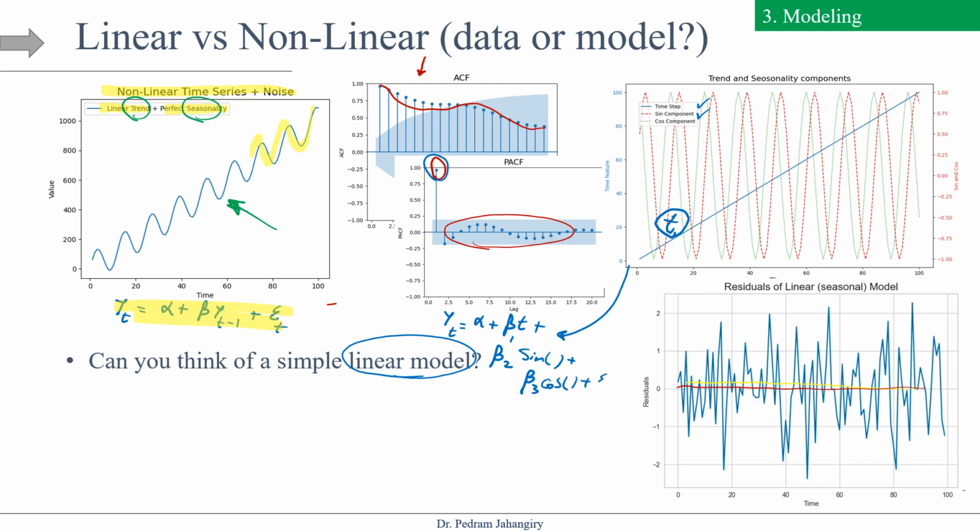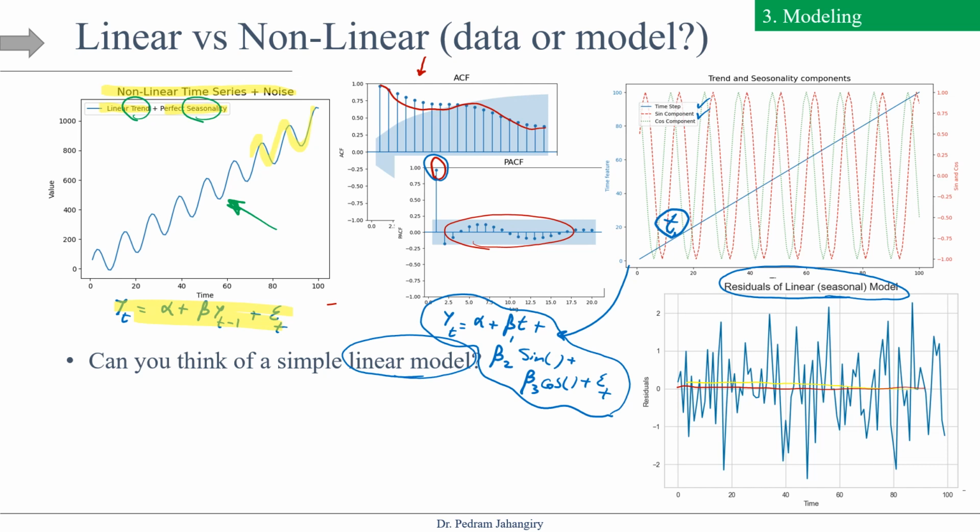And plus some noise. So this is my second candidate. And if I use that and calculate the coefficients and everything and plot the residuals, this is going to be the residual. So this is the residual of a linear, in parentheses, seasonal model, right? The model is still linear, but we use some feature engineering to capture that seasonality.